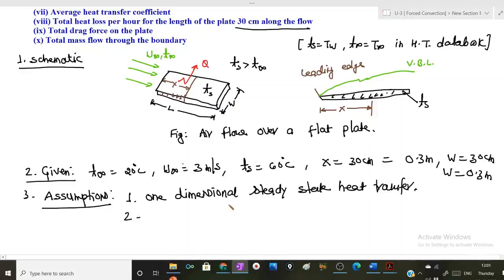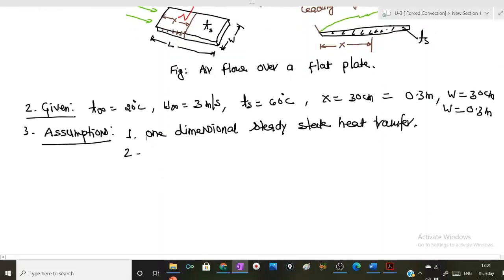Number 2, whenever there exists a temperature difference between surface and the air, heat transfer takes place by convection and radiation as well. So in this case, we are not going to consider any heat transfer by radiation.